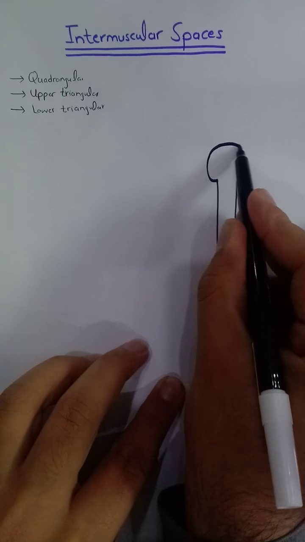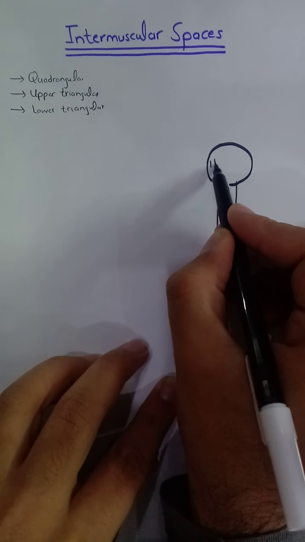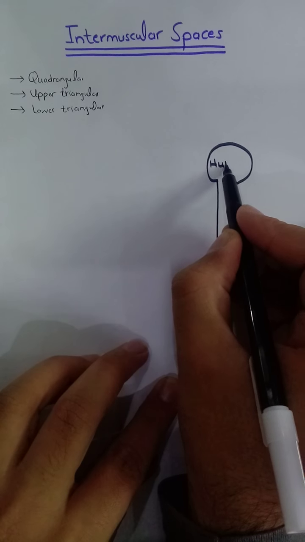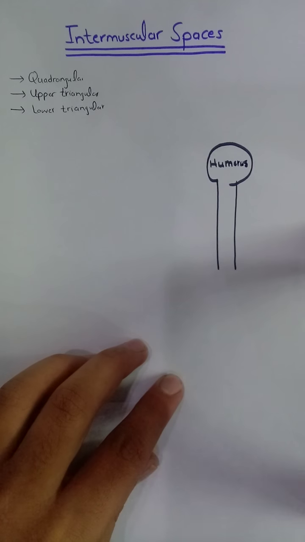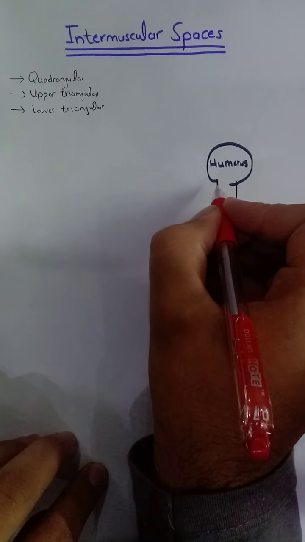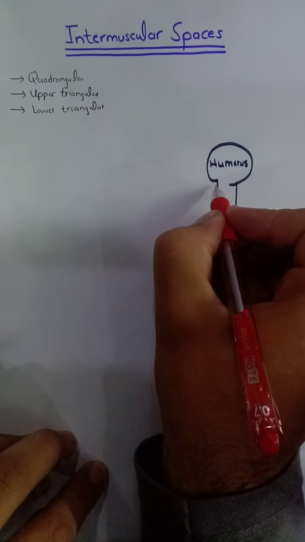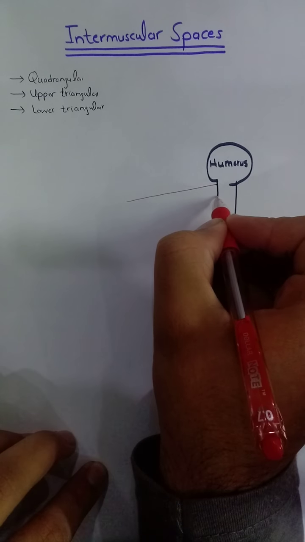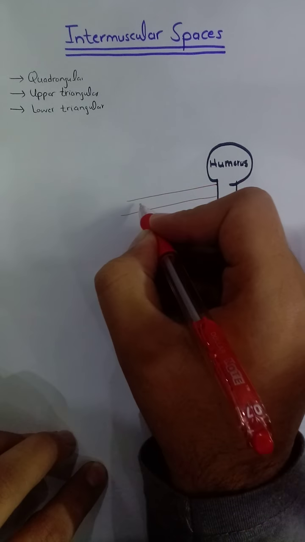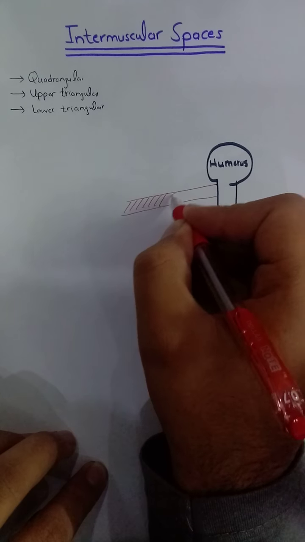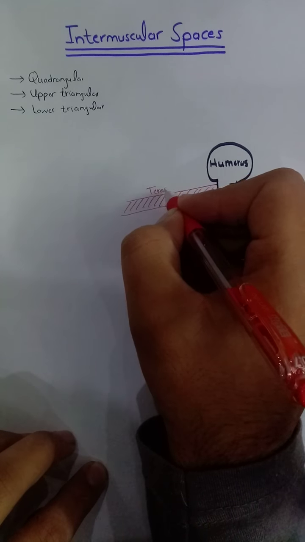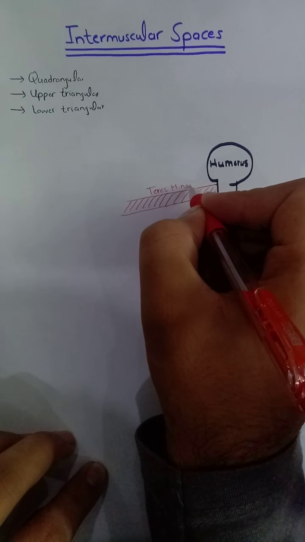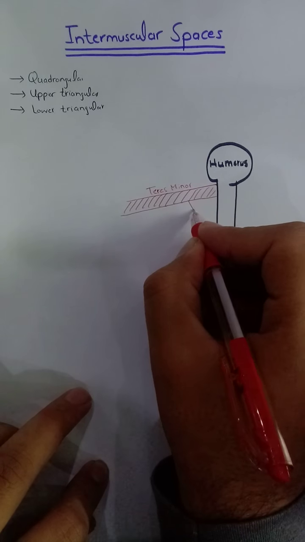This will be the humerus. There will be three muscles. This first muscle will be the teres minor muscle. Then there will be another muscle here.